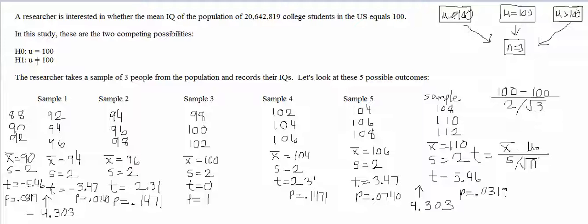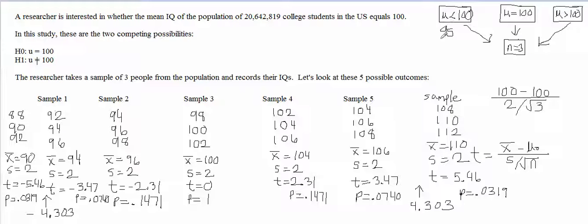Now, let's see what outcome would be expected in each of these situations. If the population mean is under 100, if it's something like 95, let's put 95 as a hypothetical number, we would expect the sample mean to come out somewhere near this number. So we would be expecting outcomes down here somewhere. These types of outcomes would be likely because these are sample means that are near this number.